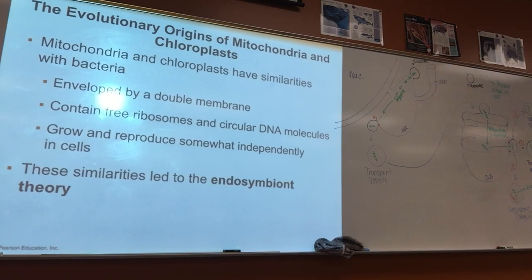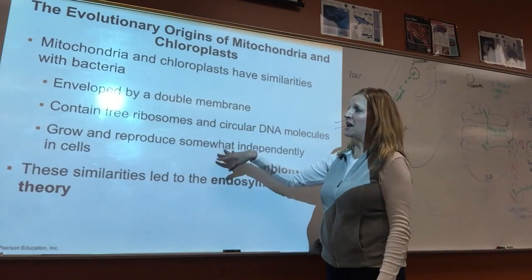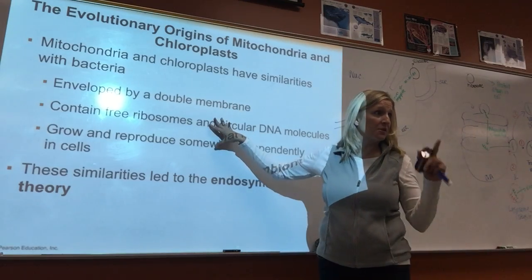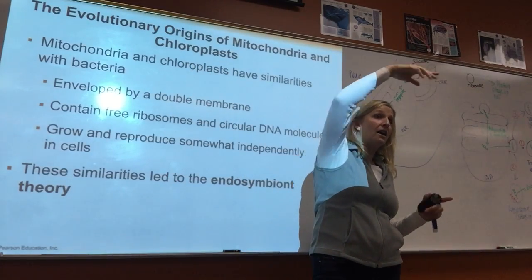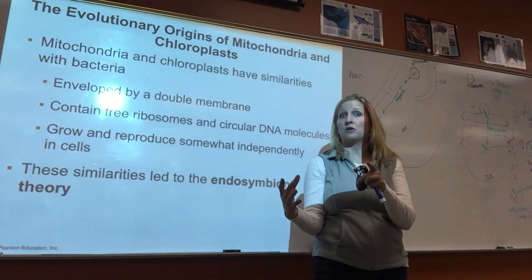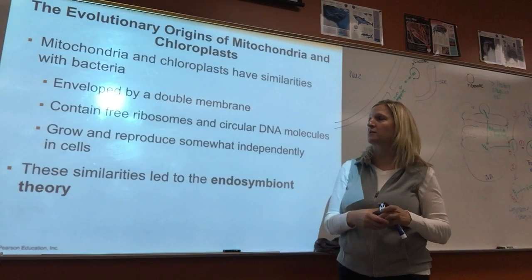Her theory was that, long story short, because the mitochondria have all these things in common with bacteria, and bacteria are free-living organisms, the mitochondria and the chloroplasts, way back in the day, were also once free-living organisms like bacteria. All right, that's her theory.